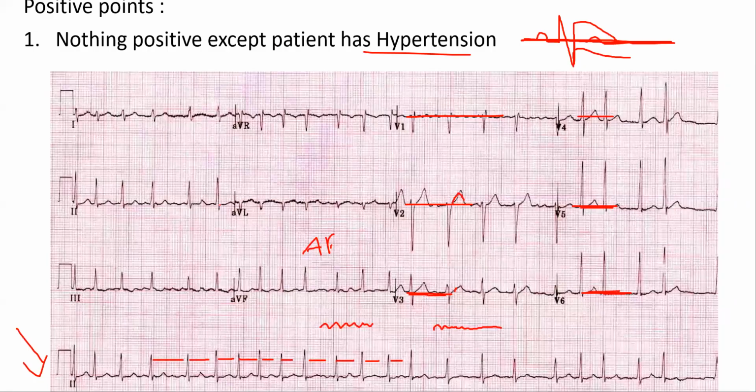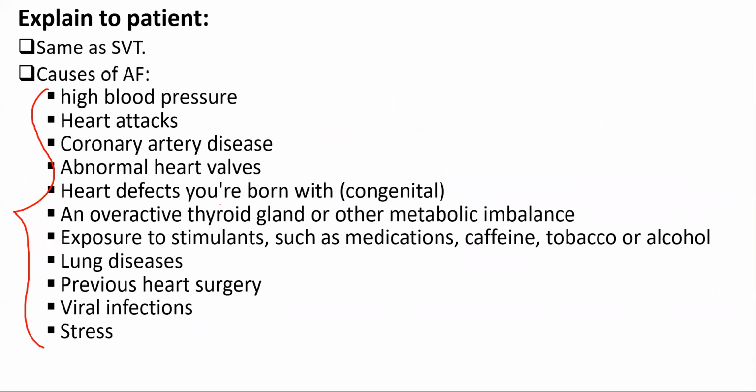Okay. After you have explained atrial fibrillation, say that there might be some causes behind this. Like in your case, I think that you have high blood pressure, which can cause it.